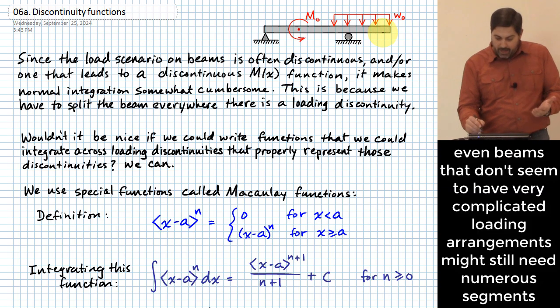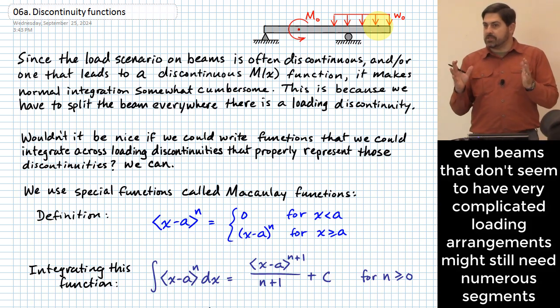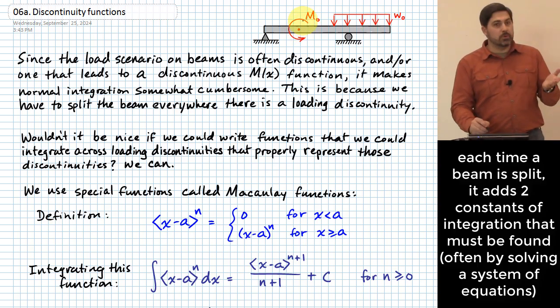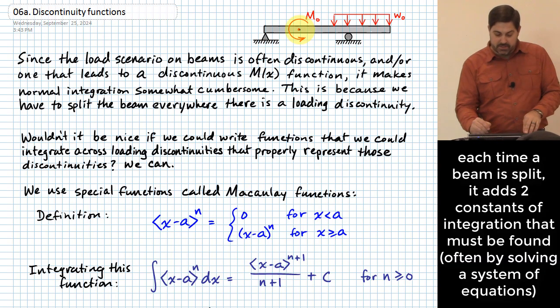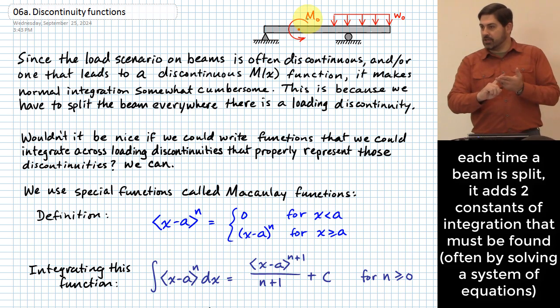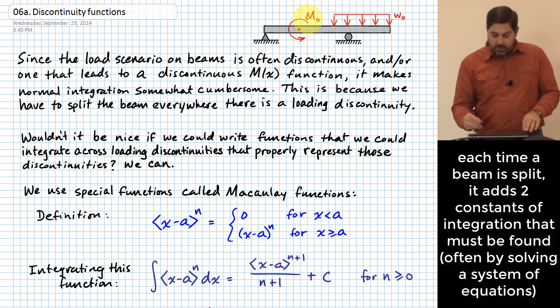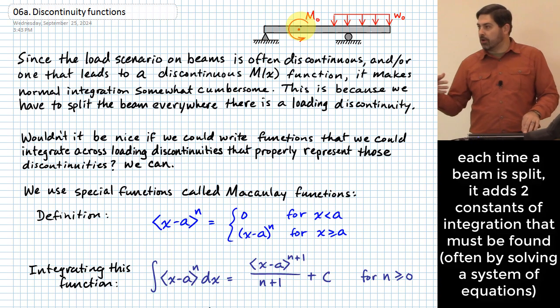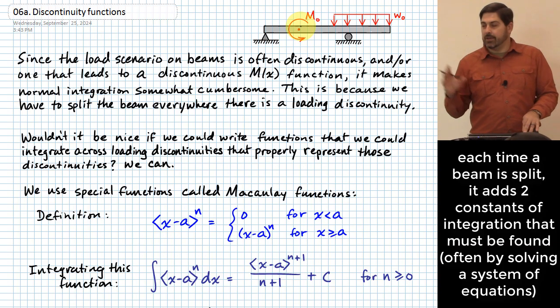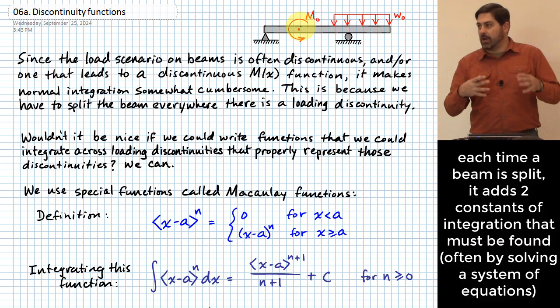But just for this, not even that complicated of a loading scenario, we would have to split this up into 1, 2, 3, 4 different segments, which means every one of those splits that we made would probably add 2 constants to our overall system, because at each of those places we would use continuity equations for slope and deflection. But you can see that very quickly you can start having large systems of equations that you might have to solve to come up with all those constants of integration using the ordinary beam deflection method using integration, okay?